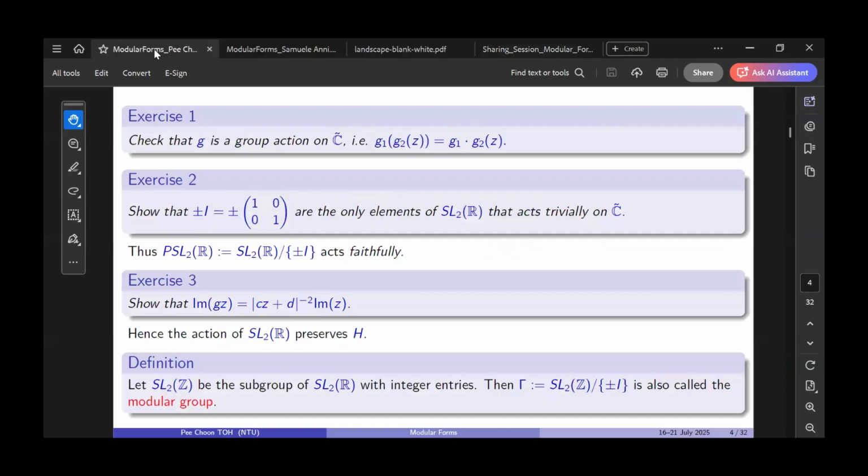So let's go back. We have exercise 2, but this one is fairly easy, so I will leave it as an exercise. You can show that plus or minus the identity matrix are the only elements of SL2(R) that act trivially on the complex numbers with infinity.